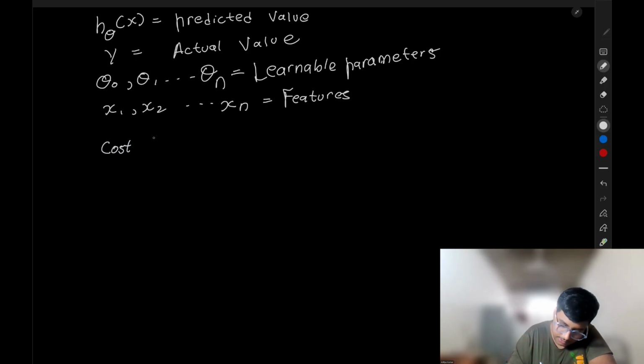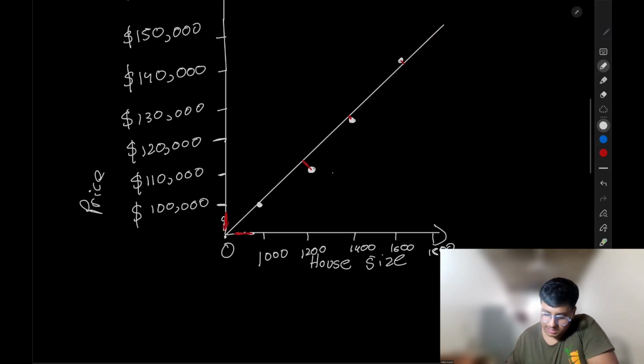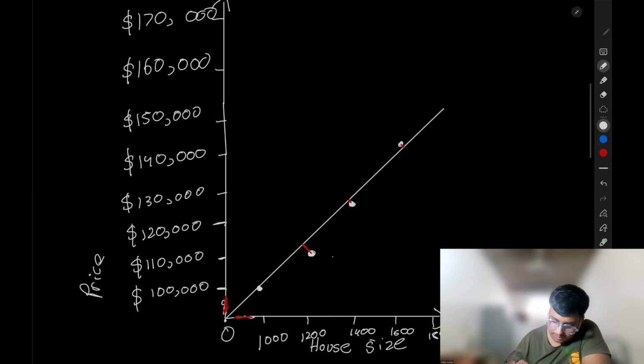So what is the cost function? Let's return to our previous topic. Here our goal is to minimize the errors, these red lines. The average summation of these red lines is our cost function.